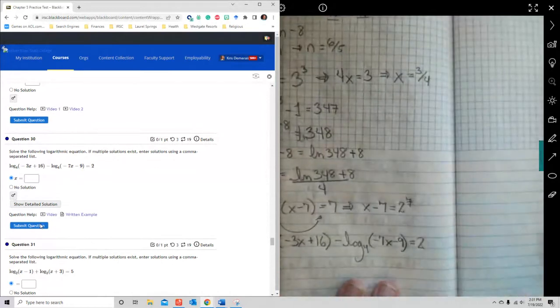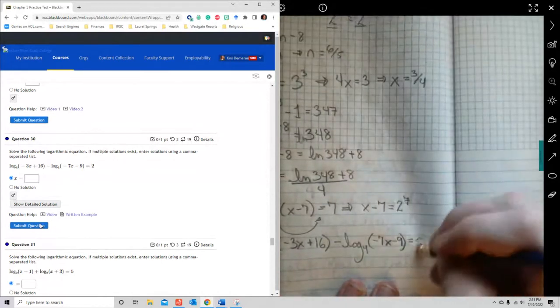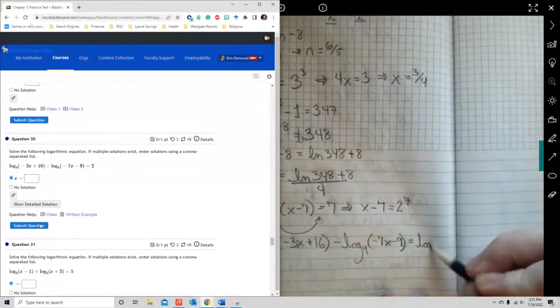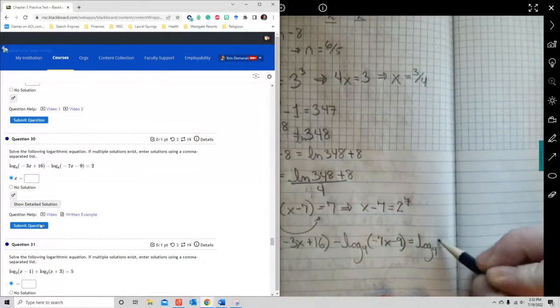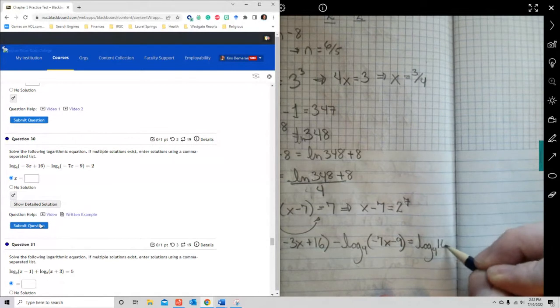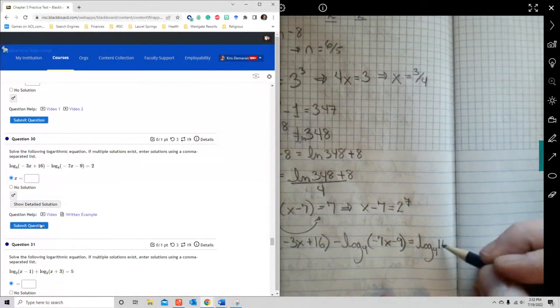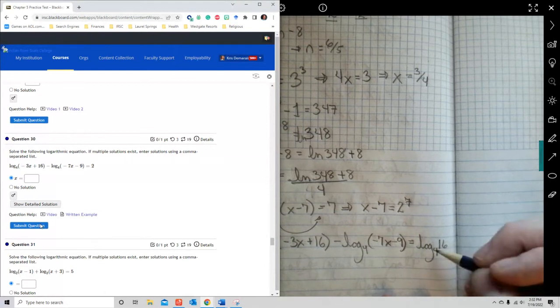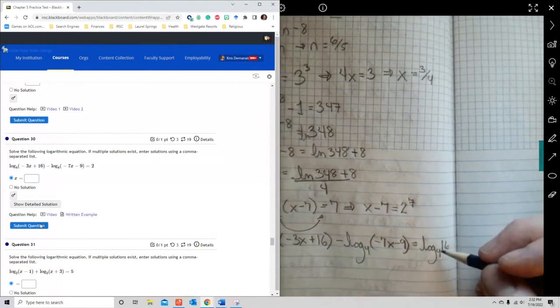So what I'm going to do is I'm going to rewrite 2 with a base log base 4. So I'm going to take and change that to log base 4 of 4. But wait a second, we need it to be 2. So I need it to be 16. Okay, because then isn't that 4 times 4, which is 4 squared? And then they would match, and they would bring it down to 2. So this is the equivalent value of 2 for that.